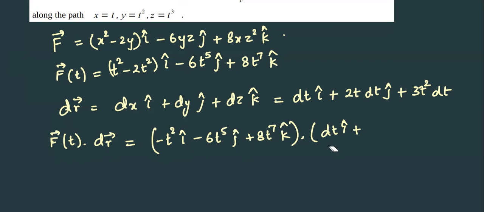I'll take dt outside. I'll get i plus 2t j plus 3t square k, dt.